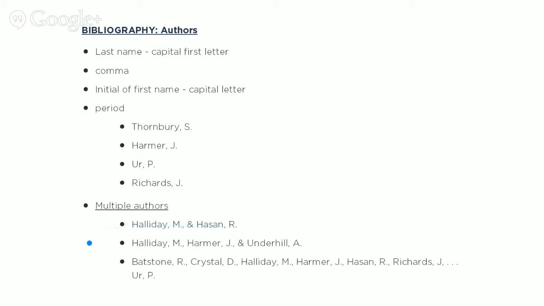But when you have three, it's fairly the same idea, you just extend it a little more. So here we have author number 1, comma, author number 2, comma, and author number 3, final period. Imagine this is very similar to when you're doing a list within a sentence. Let's say you're going to list 3 places where you went.